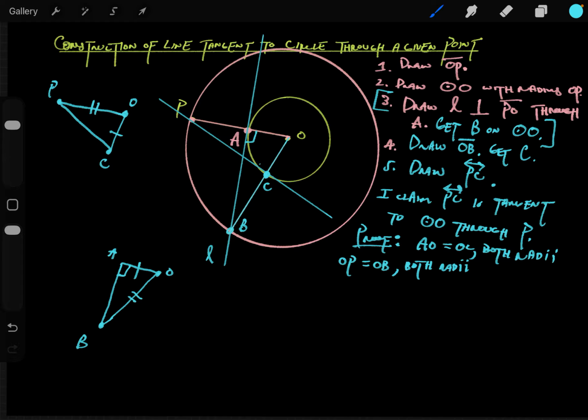Oh, I'm missing. Okay, so if we look, POC is the same thing as AOB. So then this angle is the same thing as this angle. This is an angle that the two triangles share. Let's say angle 1. So angle 1 is congruent to itself, reflexive.